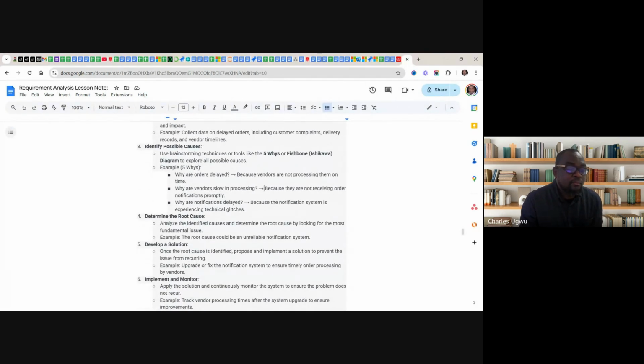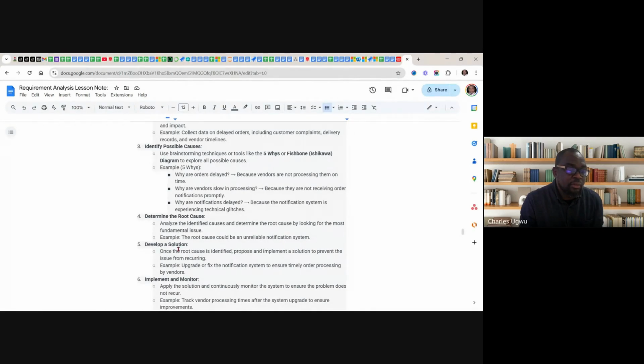So, determine the root cause. Now you've identified the possible causes, analyze them and determine the root cause by looking for the most fundamental issue. The root cause could be an unreliable notification system.